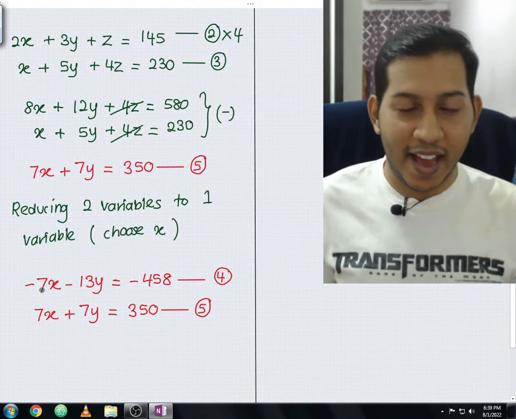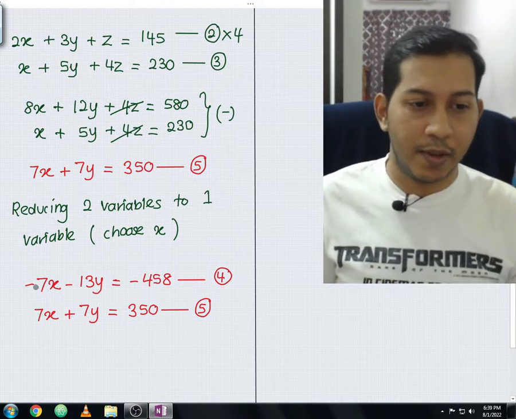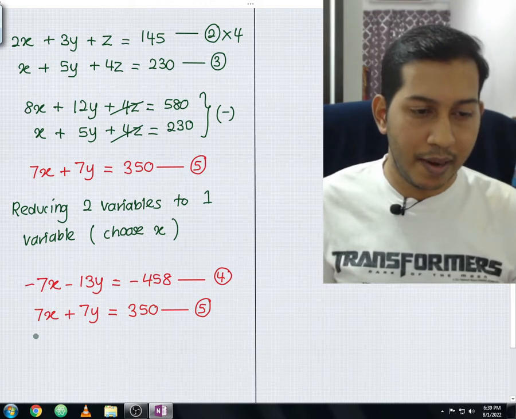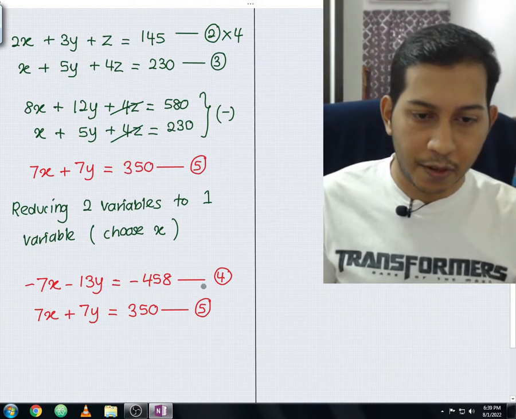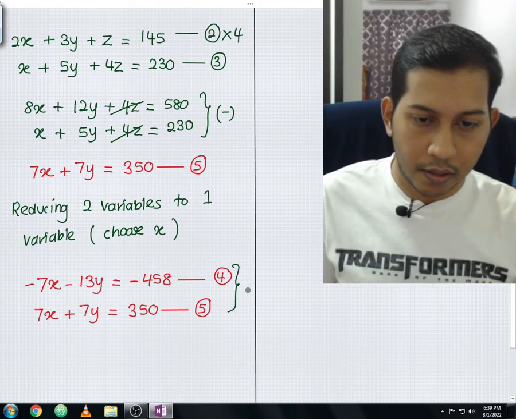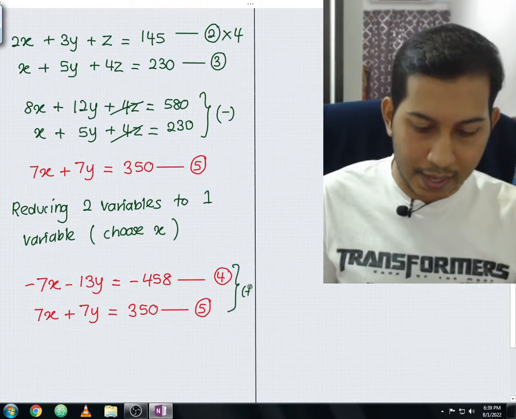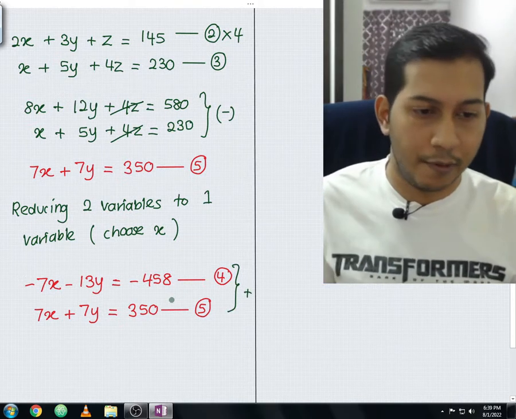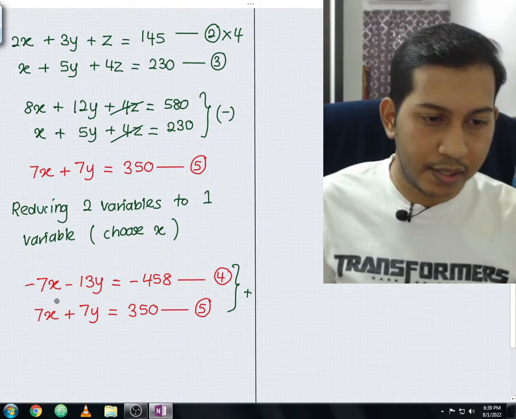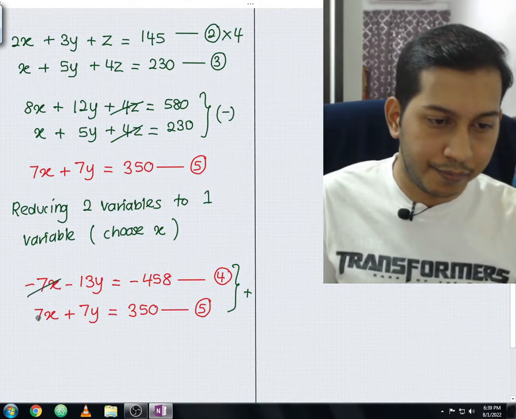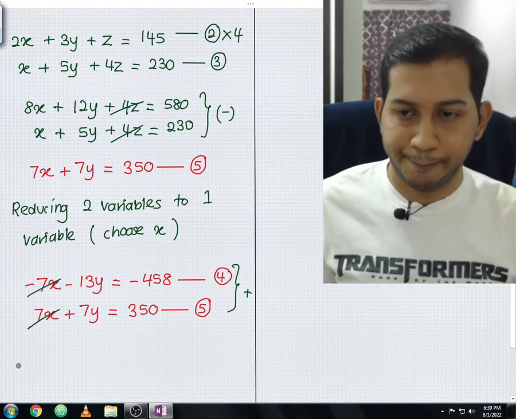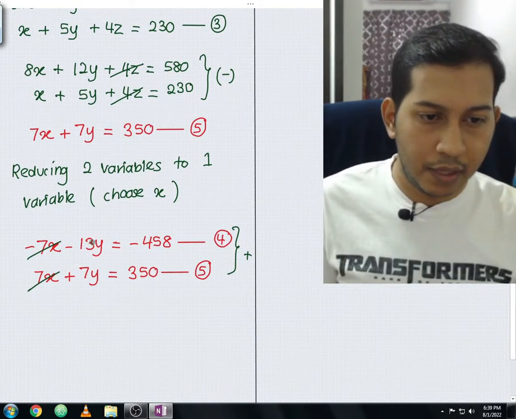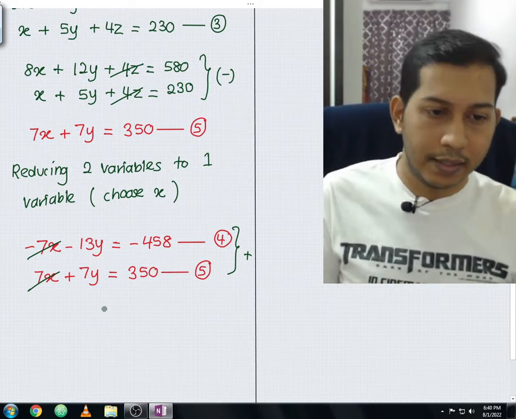In order to eliminate the x variable, you need to add them together, because you have negative 7x and 7x here. So equation 4 and equation 5, you just need to add them. You don't need to make any adjustment on the equation. You can just straight away add them. So this x and x will get canceled off. You are only left with the y variable. Negative 13y plus 7y, you get negative 6y.